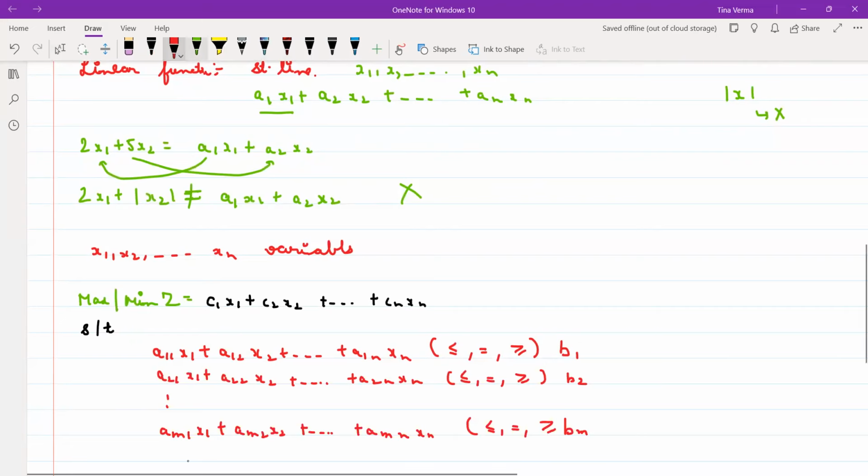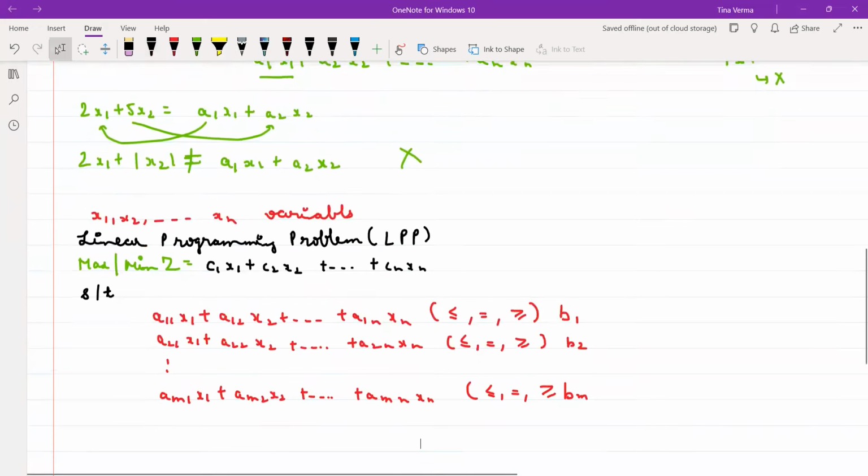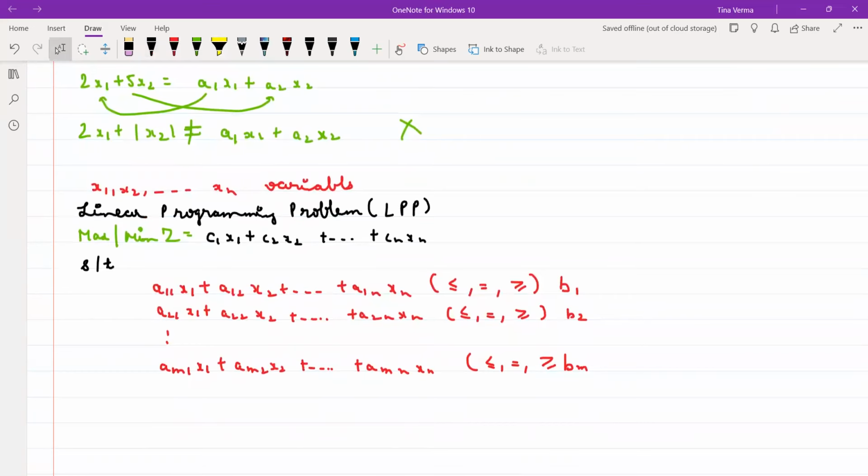This is nothing but your linear programming problem. Whatever problem you have, it will always be in this sense, only the constant values will change. That is c1 x1 plus c2 x2 plus cn xn, and these are your constraints.